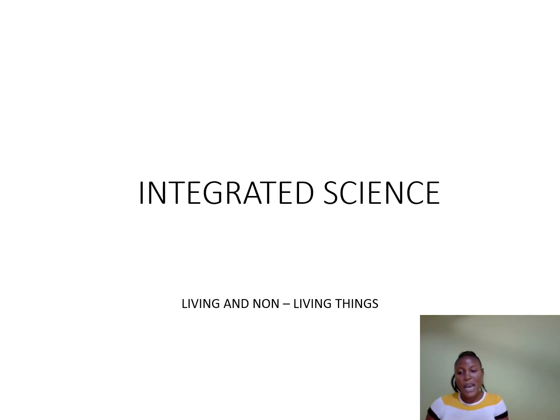Living things are examples like human beings, plants, and animals. Non-living things come with examples such as books, tables, cars, dresses, chairs, furniture, and others.